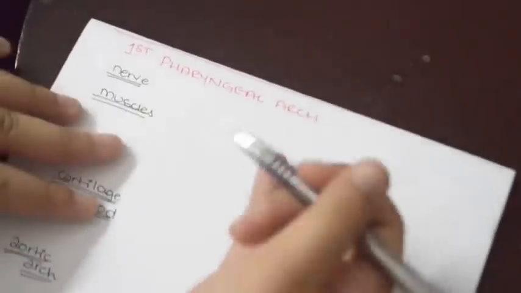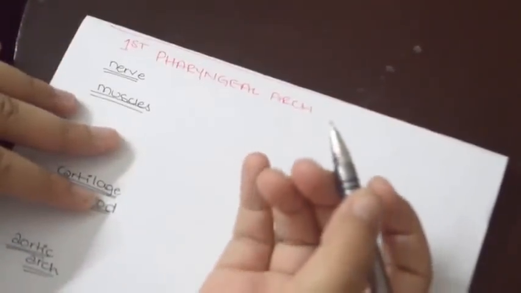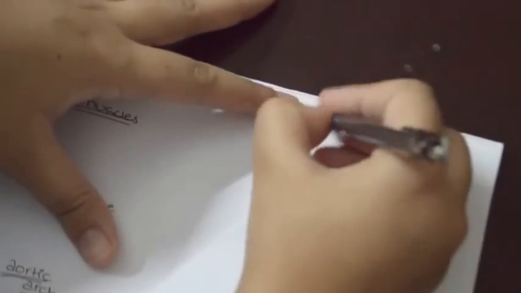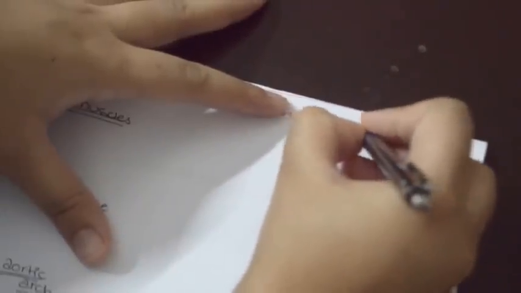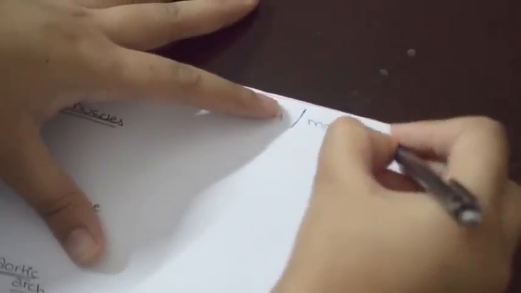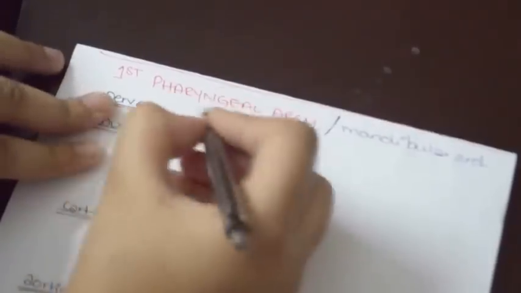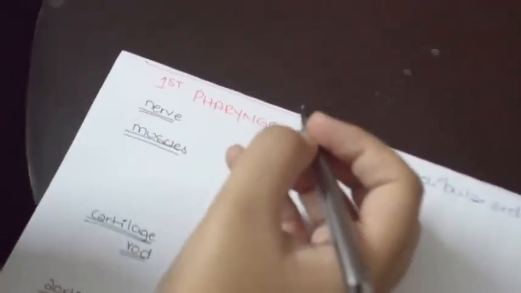The first pharyngeal arch is also called the mandibular arch. The nerve that supplies it, as we already know, is the trigeminal nerve, the 5th cranial nerve, and its mandibular division.